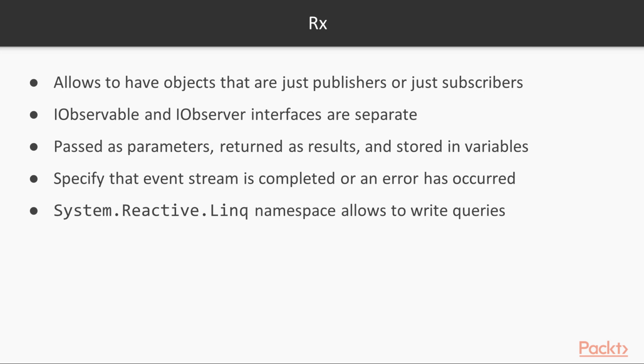Rx also allows you to specify that the event stream is completed or that an error occurred. This really sets Rx apart from events in .NET. Also, it is important to note that including the System.Reactive.Linq namespace in your project allows developers to write queries over the subject type, because a subject is an IObservable interface. This is another feature that sets Rx apart from the events in .NET.